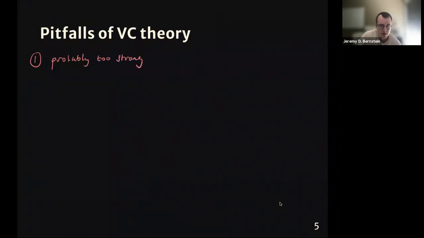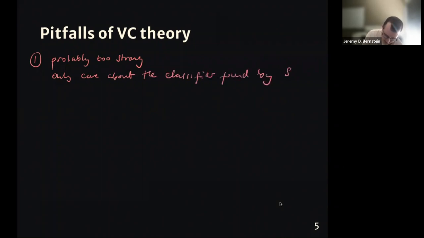We don't care if some classifiers overfit. We only care about one classifier, and that's the one that our optimizer finds. So we only care about the classifier found by our optimizer. Let's just say SGD for simplicity.